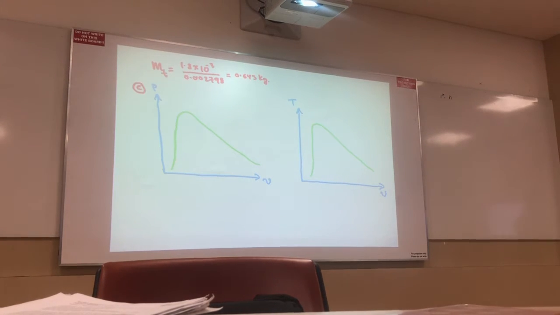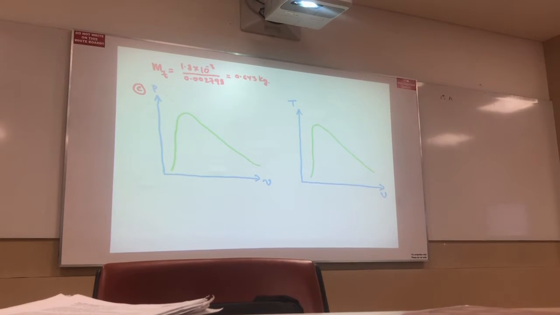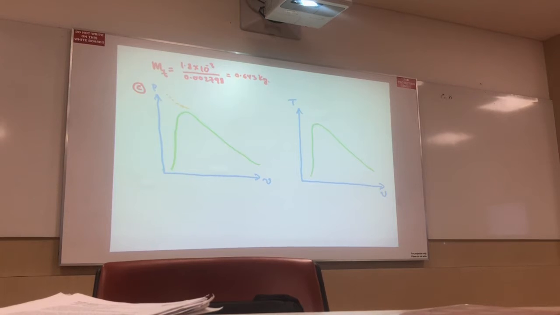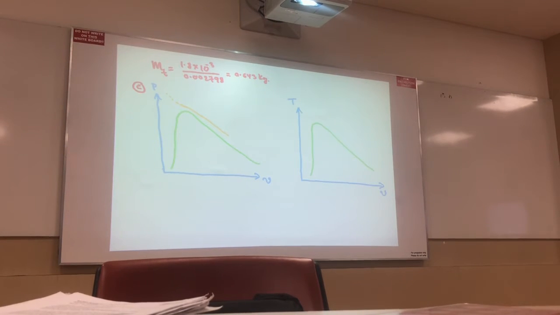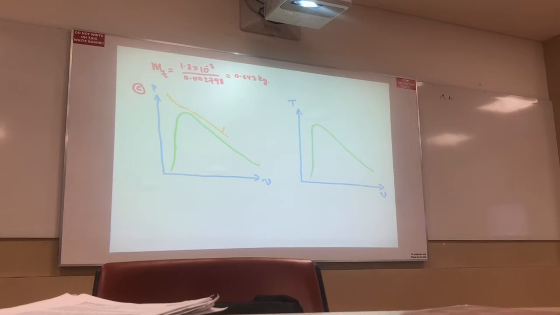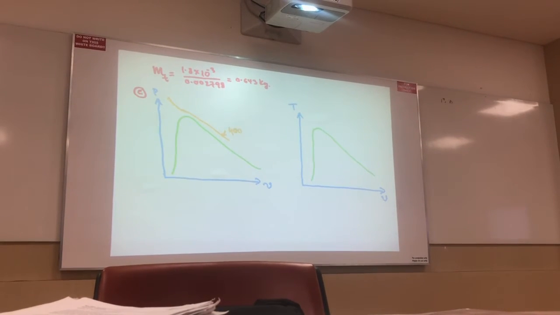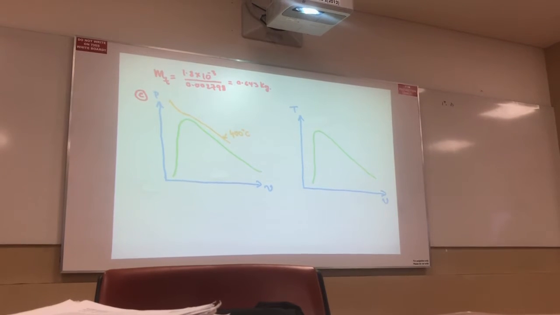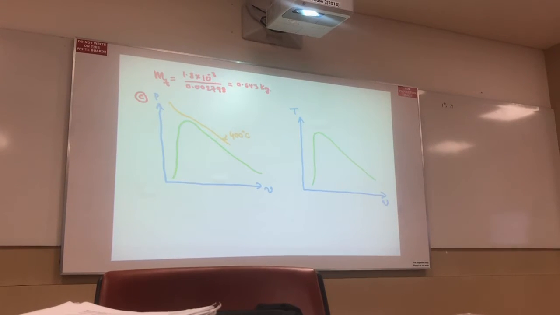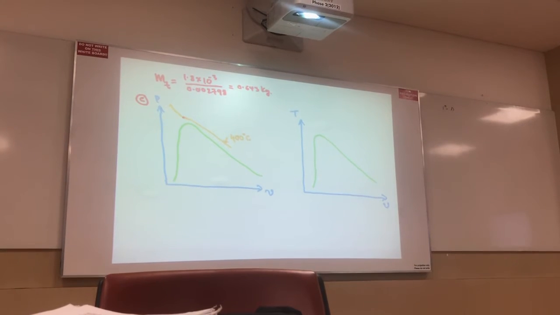So this one indicates the temperature at 400 degrees Celsius. Right? It's something like that. So this one you should draw, 400 degrees Celsius. And what is the initial pressure? 30 megapascal, right? So 30 megapascal is higher than the critical point.